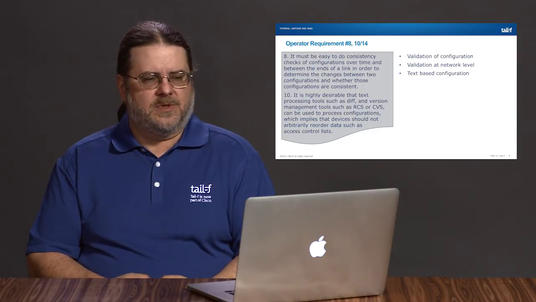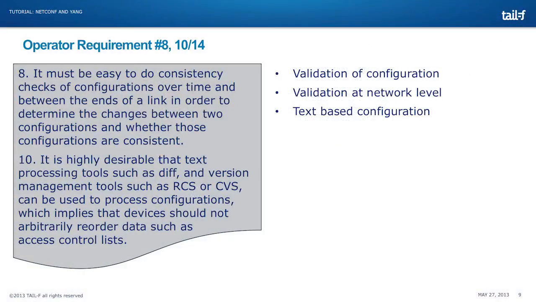Also, there was a desire identified in the requirements in this RFC to easily be able to work with the configurations that are fetched. Being able to use standard text-oriented processing tools such as diff, or being able to manage things using revision control protocols.